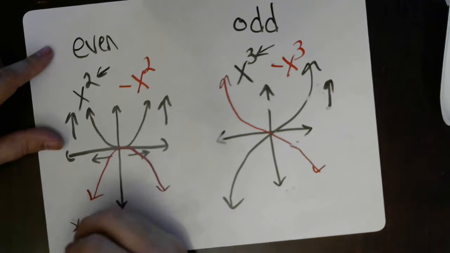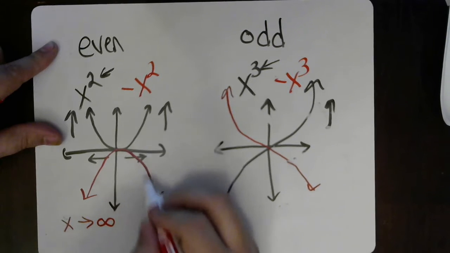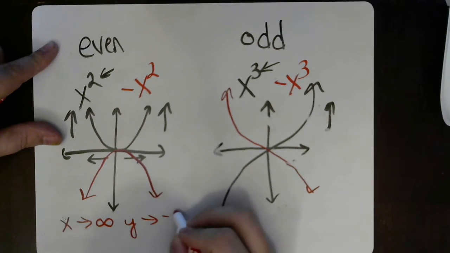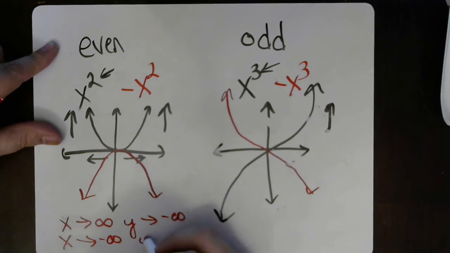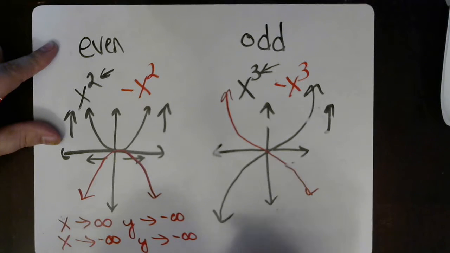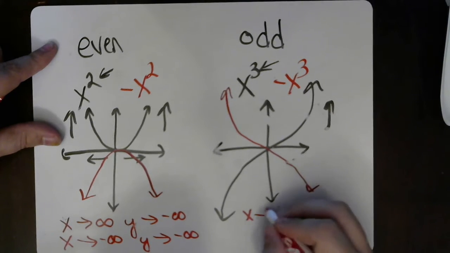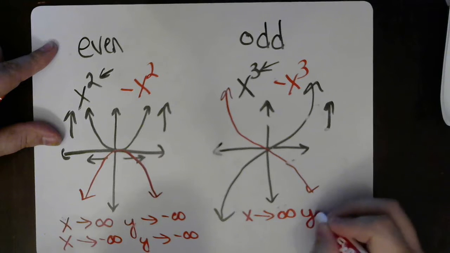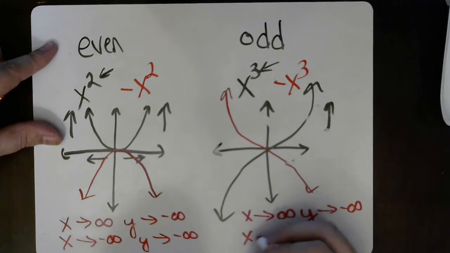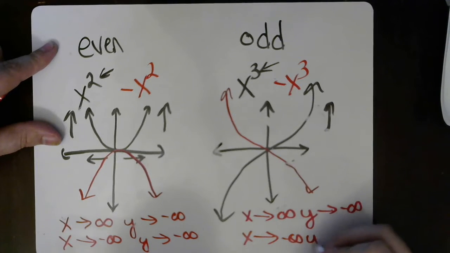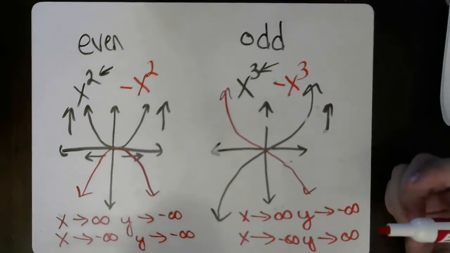In this case, as x goes to positive infinity, y goes to negative infinity. And as x approaches negative infinity, y goes to negative infinity. Notice that only my y is changed, not my x. Now for this one, as x approaches positive infinity, y goes to negative infinity, so as it goes to the right, it goes down. And as x approaches negative infinity, y approaches positive infinity. So just neat stuff that you need to know.